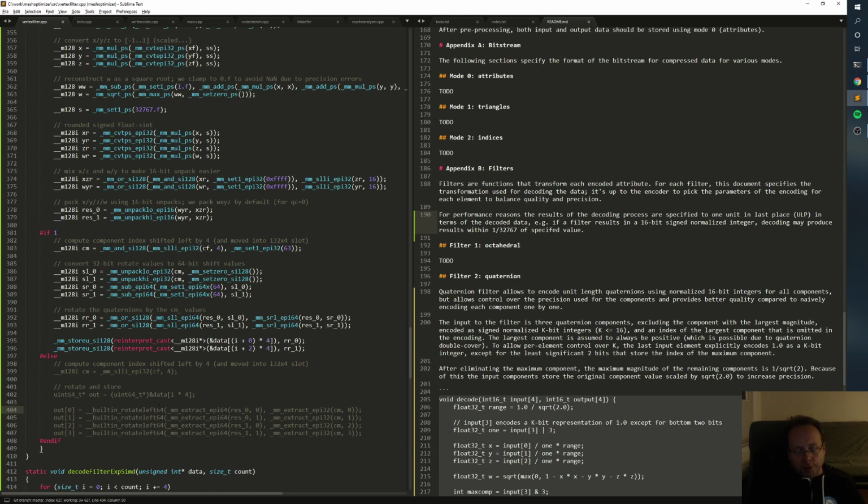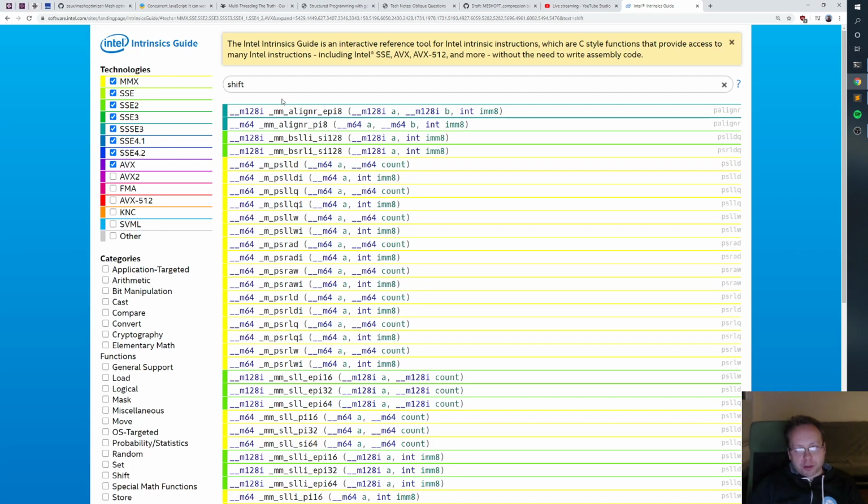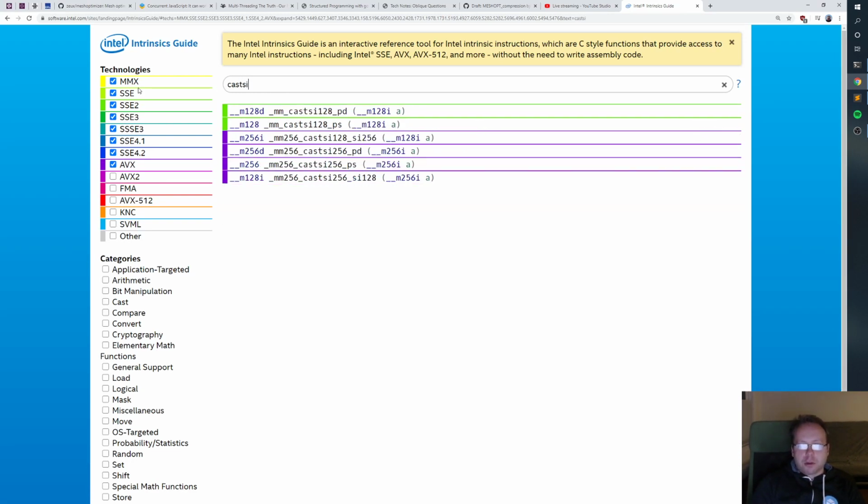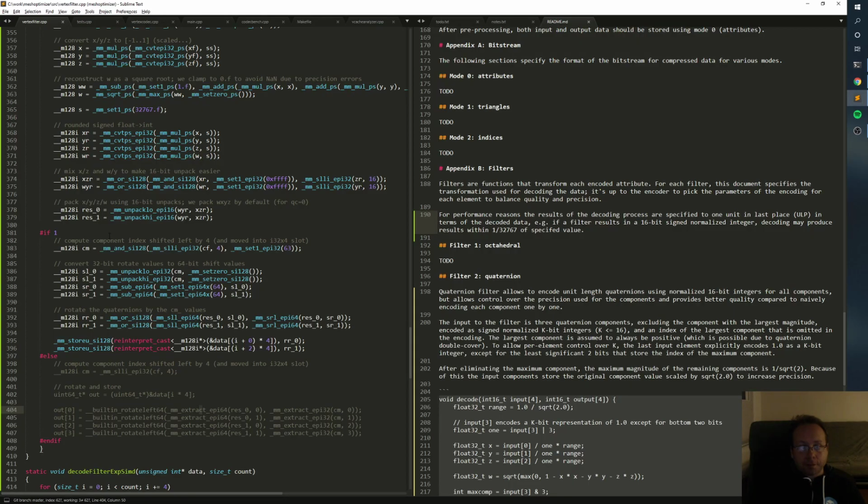We can try to do shuffles, but they're not better. At this point, I think that's the best we have.